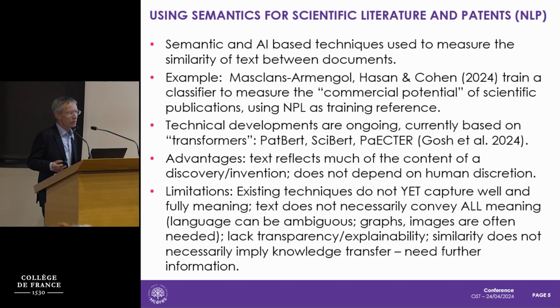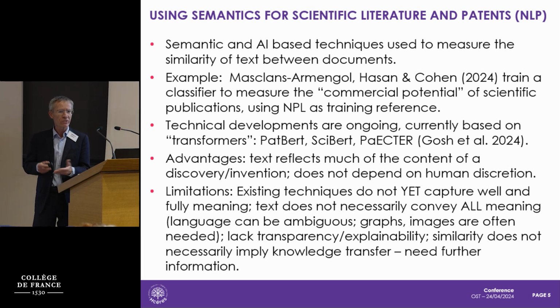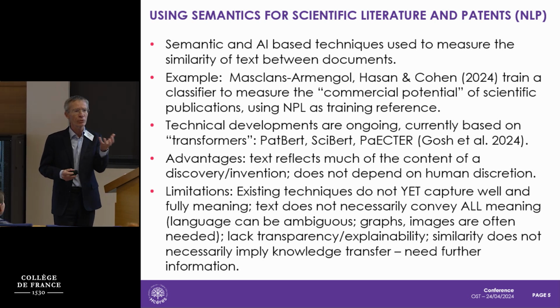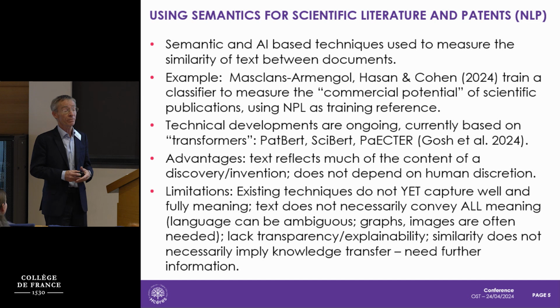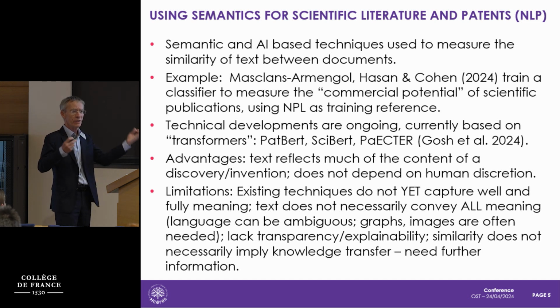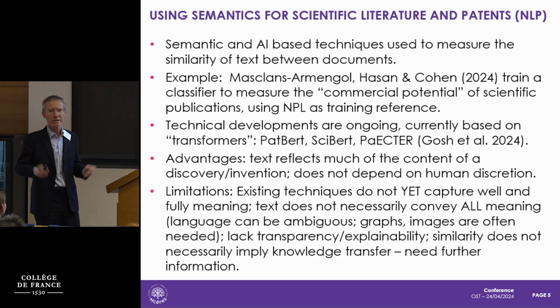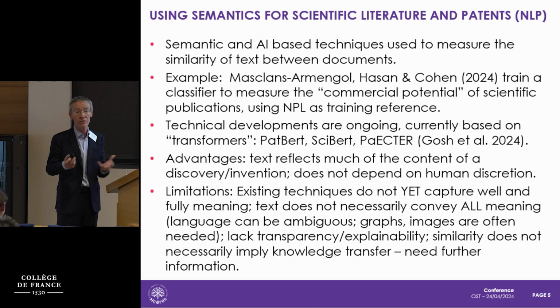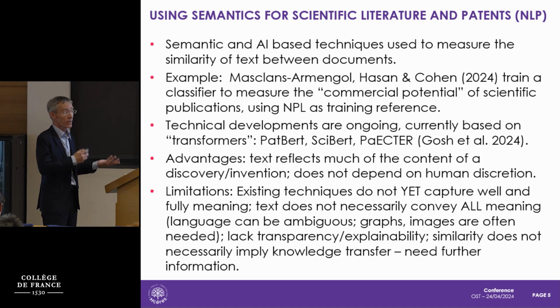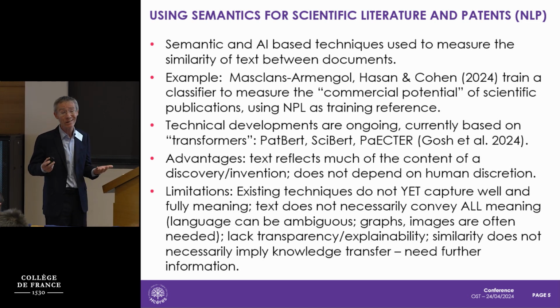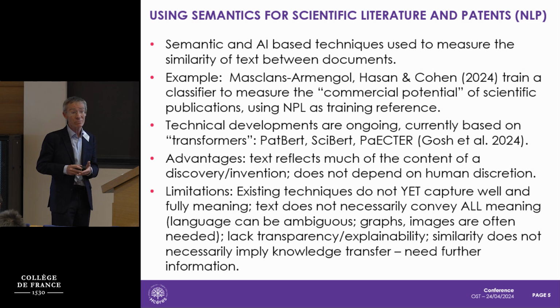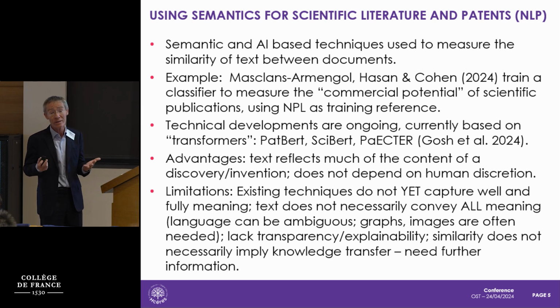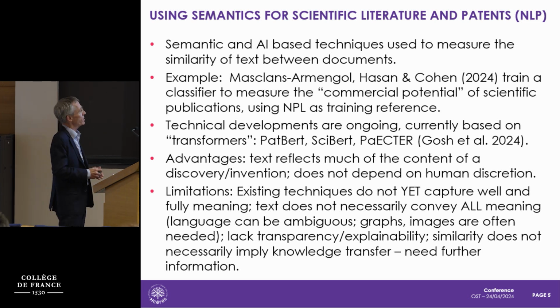Advantages. Accessing the text is a sort of dream for all of us. We want to understand the content of inventions. We want to trace connections between ideas and so on. So we need to have some understanding of the ideas. Before that, we were using only metadata, and metadata, as the name indicates, are not the real data. This is the real data.